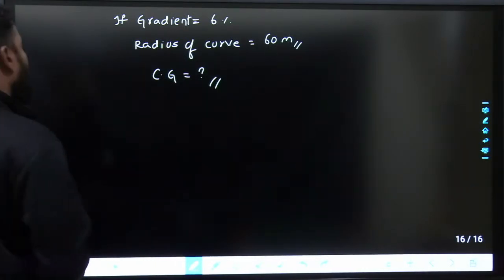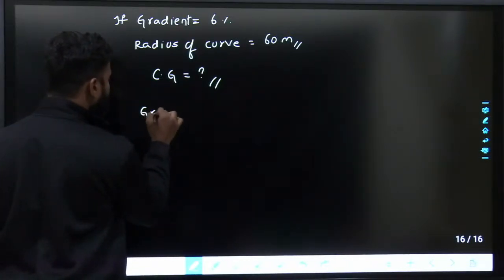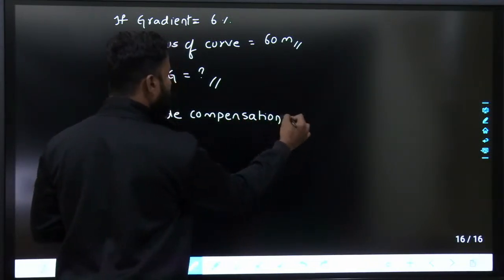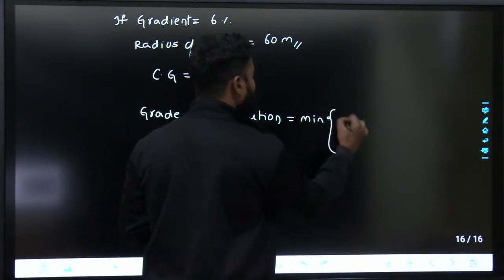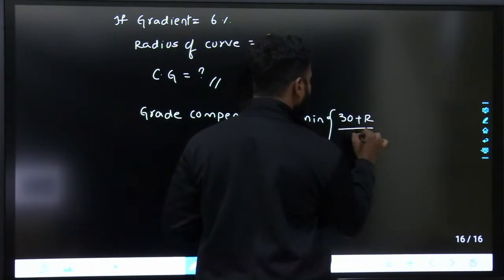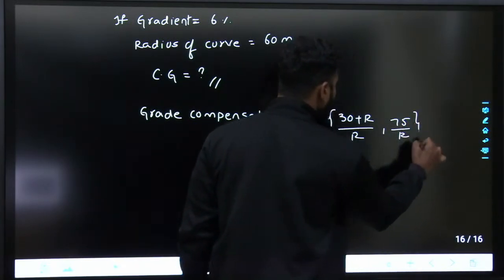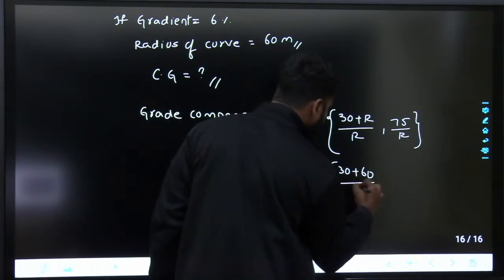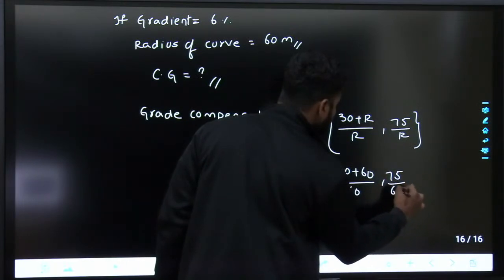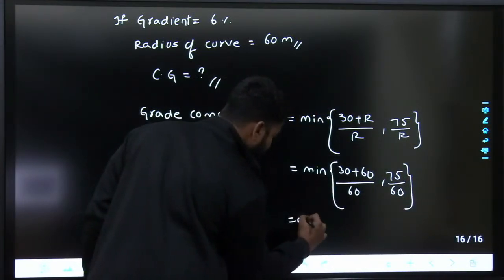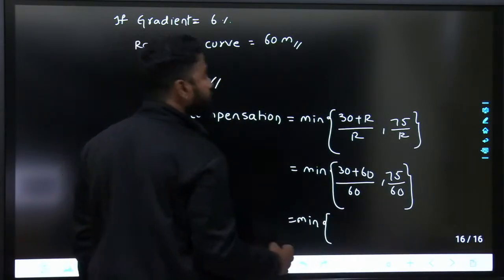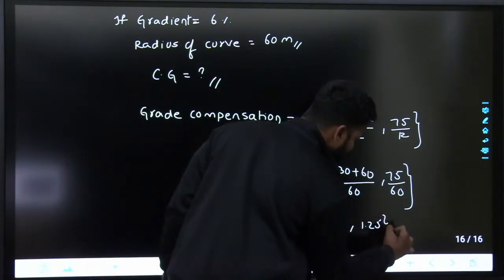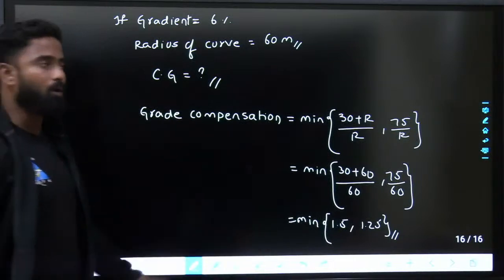So Prachi has given me the answer. How are we going to find the grade compensation? Grade compensation equals minimum of (30 + R)/R, 75/R. So that is minimum of (30 + 60)/60, 75/60. 90/60 is 3/2, that is 1.5, and 75/60 is 1.25. Minimum of 1.5 and 1.25 is 1.25.